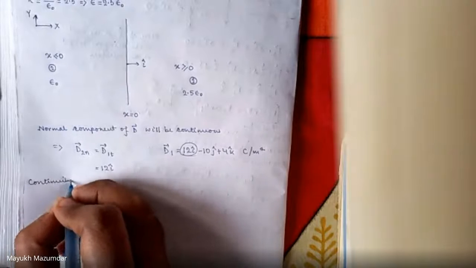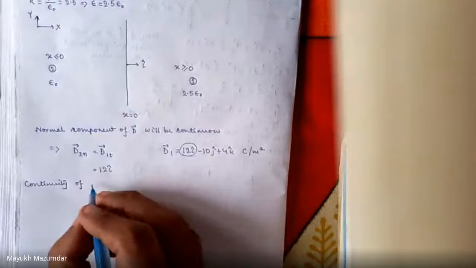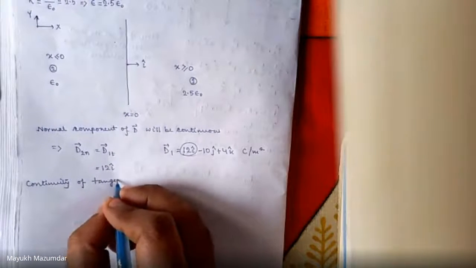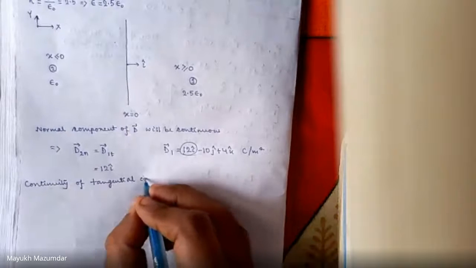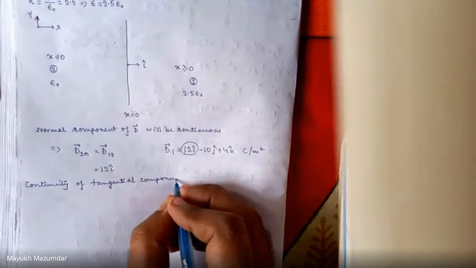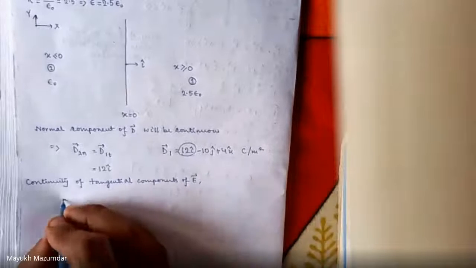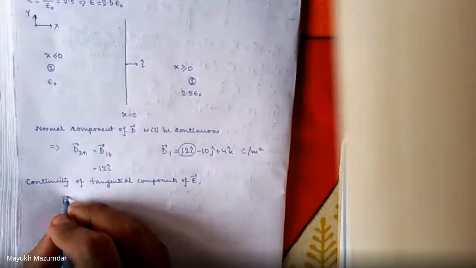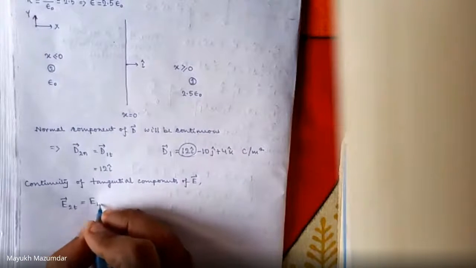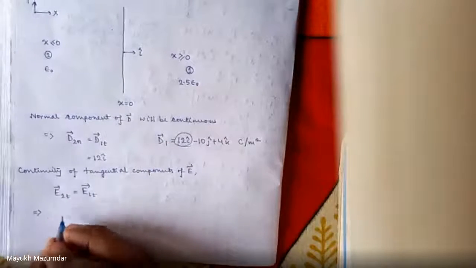So by continuity of tangential components of E, what can we write? E2t equal to E1t. But I don't have E, I have D in the question.